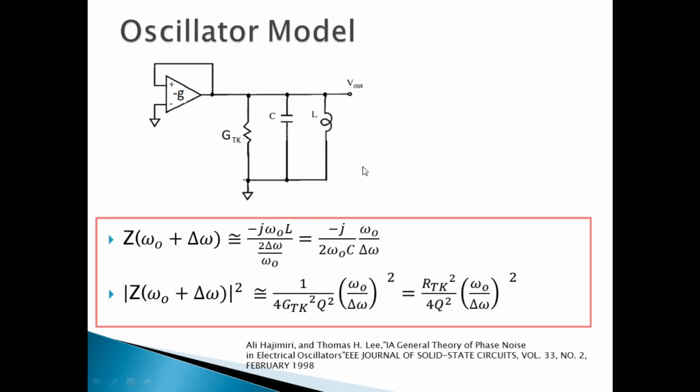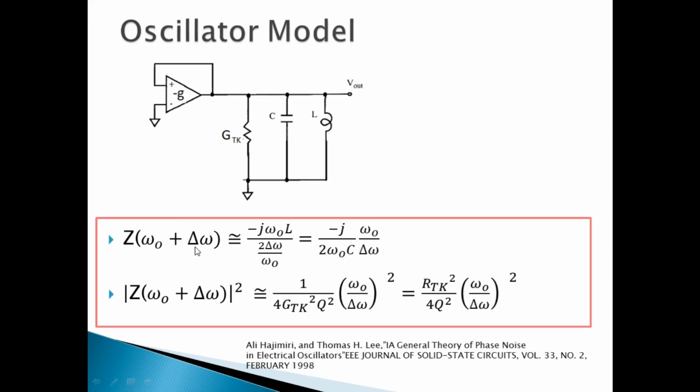So the noise shaping that occurs by the LC tank can be calculated from the tank impedance. So if we look at a certain distance delta omega from the carrier frequency, which is not a desirable thing to happen. We would not want to have a delta omega if it were an impulse function, but since it has a shaping, there is going to be a delta omega.